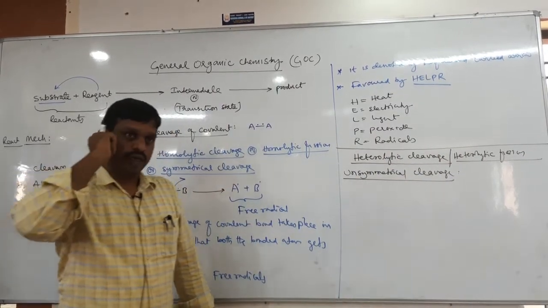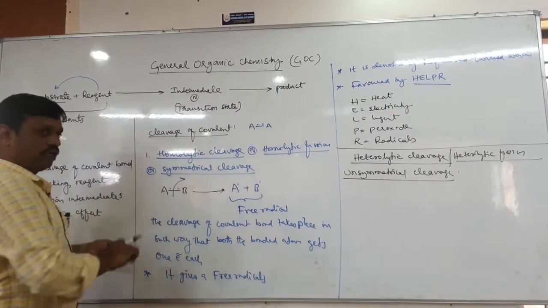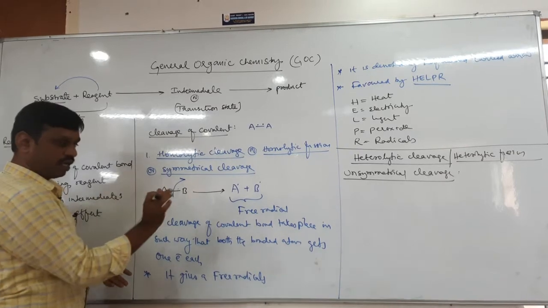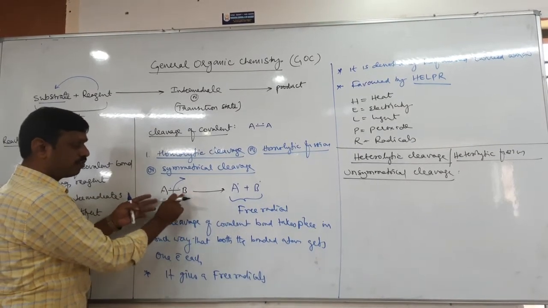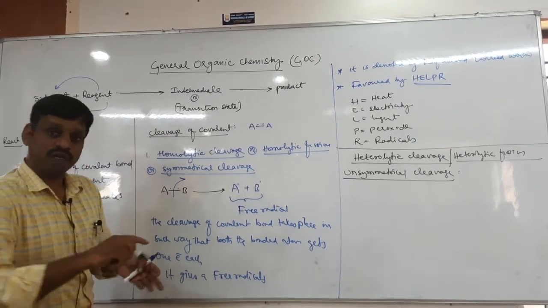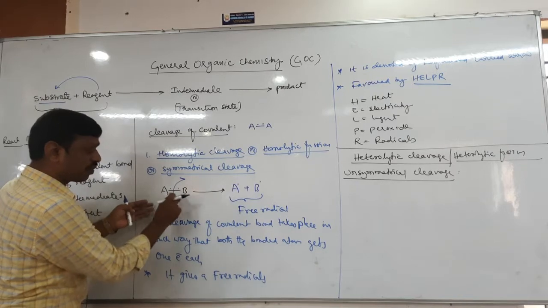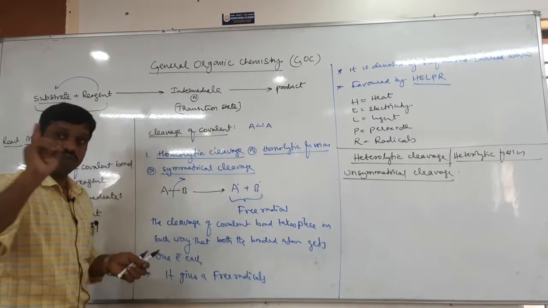Okay, now tell me, in case of homolytic cleavage, what is a homolytic cleavage? The cleavage of covalent bond takes place in such a way that both the bonded atoms get one electron each.